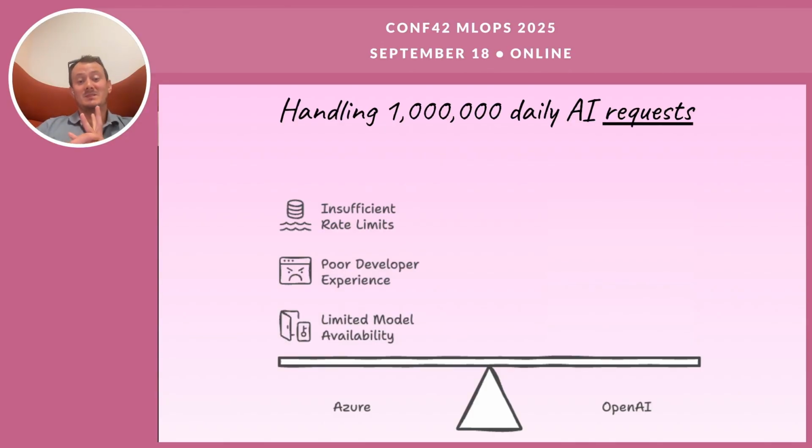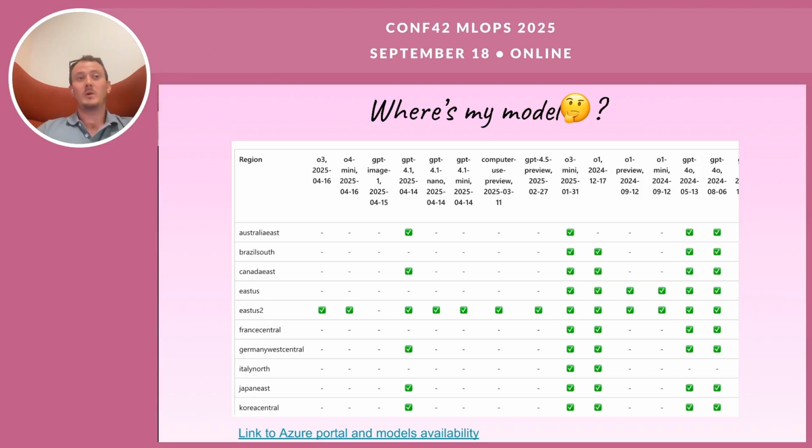And besides the rate limits, I think the more we adopted AI abilities, the harder it became to work with Azure. If you're working with Microsoft Azure, you know that every time a new model is released by OpenAI, it becomes available in Azure pretty fast. However, in Azure, there is a context of a region that does not exist in OpenAI.